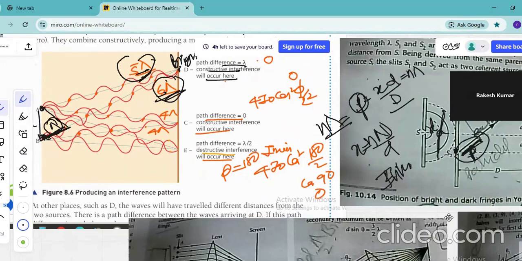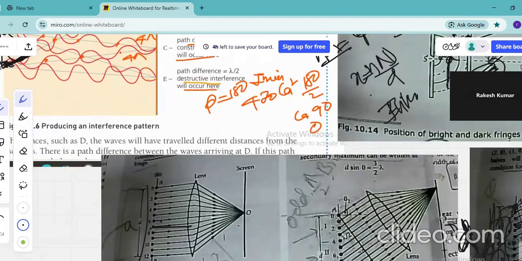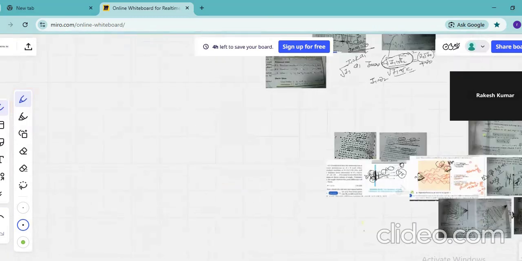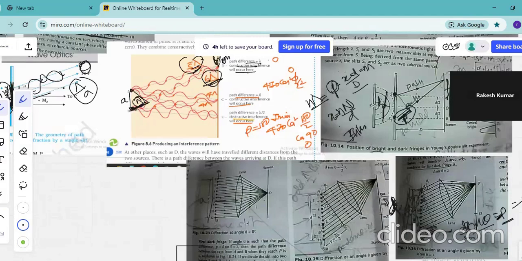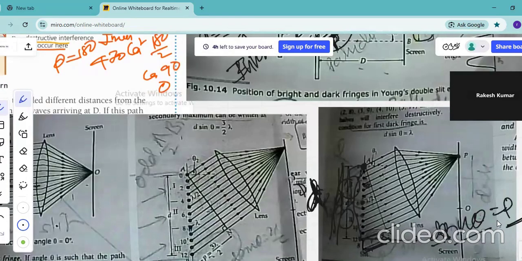Here it's slightly different. If you have a long slit, there will be many sources. So if there's a difference of lambda between the last source and the first source, you might think this will have construction. No, there are so many sources here that they will divide into two, with each having a phase difference of lambda by 2.